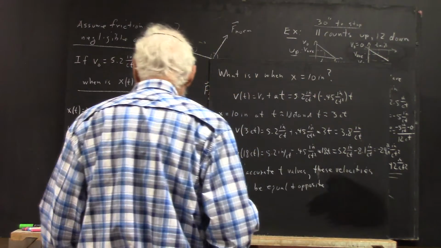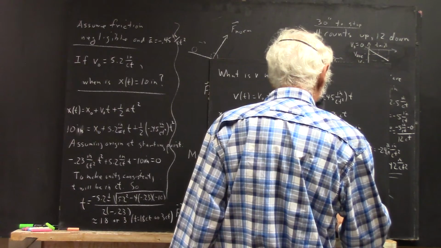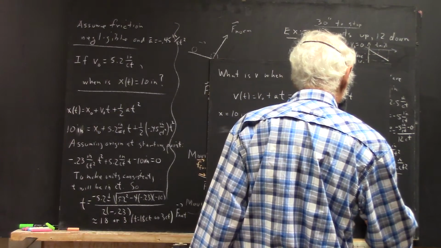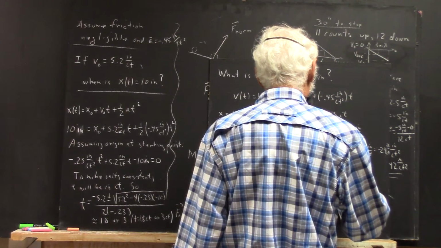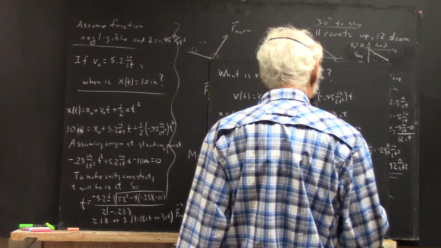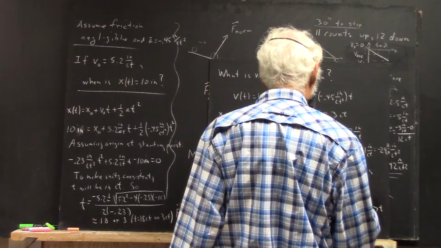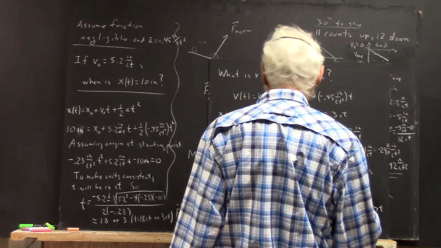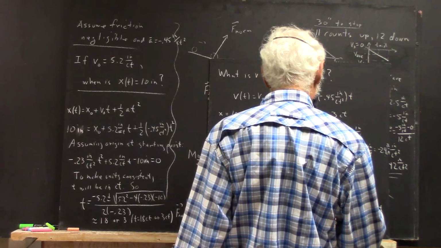I apologize, but okay, this parabola looks a lot like what I did, but the x-intercept is negative 10 inches.